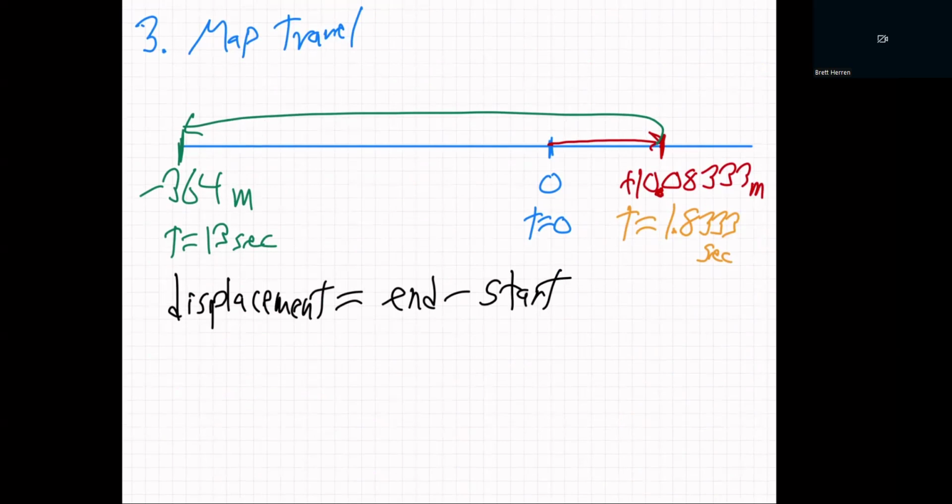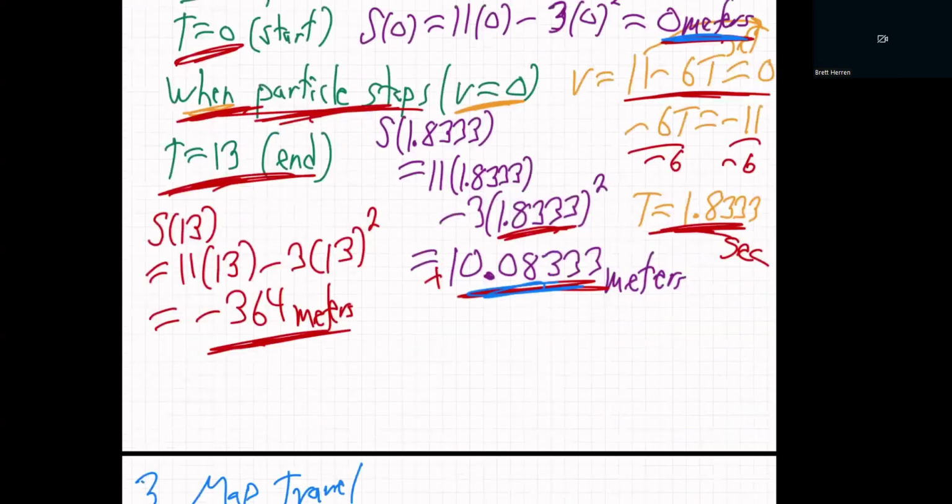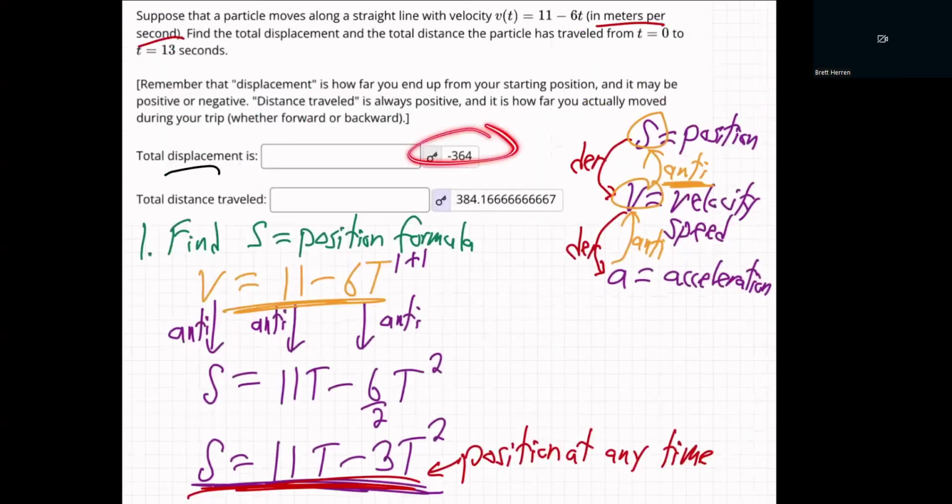Just how much did it move? In other words, it's the end minus the start, so it ended up at negative 364. It started at 0. So the final displacement is negative 364 meters. When all was said and done, from 0 seconds to 13 seconds, it ended up 364 meters to the left, negative 364 meters from where it started. That's the final displacement, negative 364, and that's what they got.